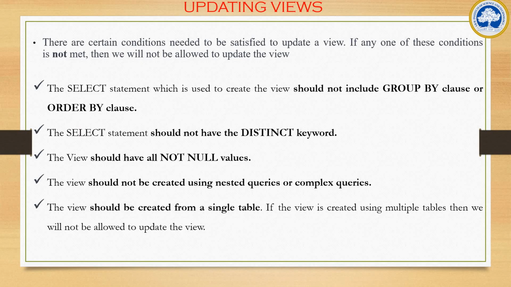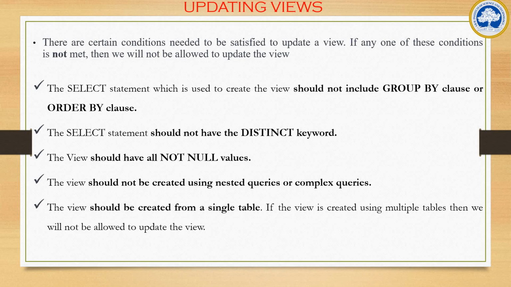Second, it should not contain any DISTINCT keyword. When applying constraints, we say it should not contain any DISTINCT keyword. And then the view should have all NOT NULL values. There is nothing empty; if there is no data you have to mention it as null, so it should have all not null values.